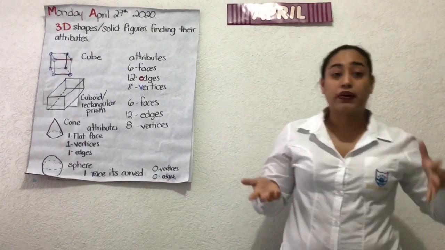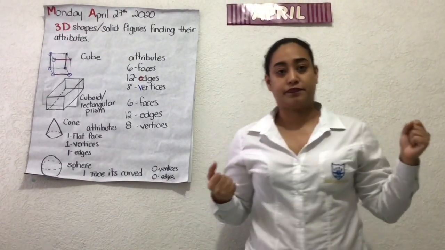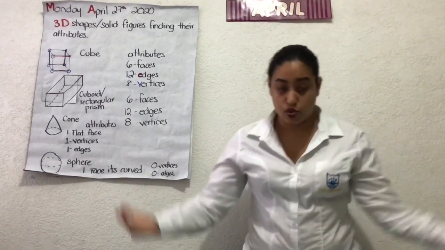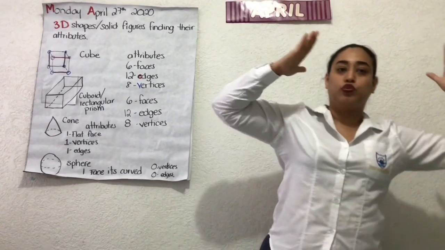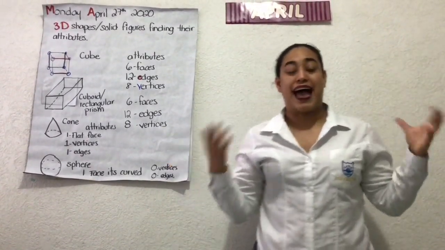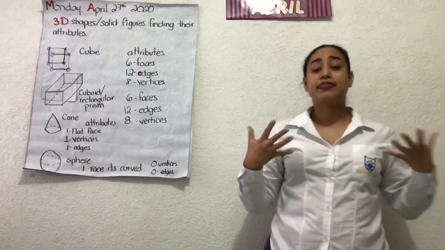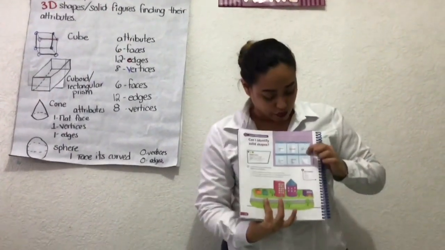For example, the pyramids of Giza. They are made out of a square at the base, and then triangles, one, one, one, one, make up that pyramid, okay? That's how a pyramid is made. And here in our book, we can see it right here.